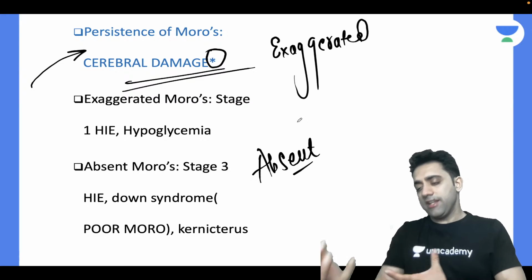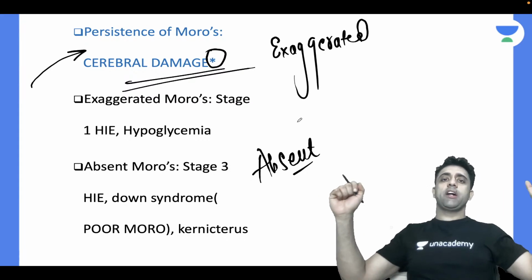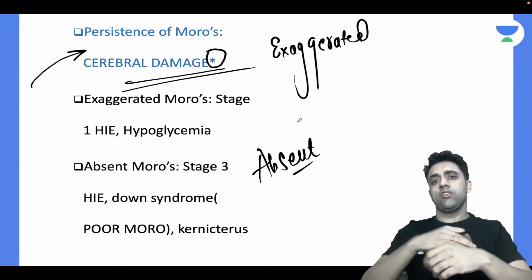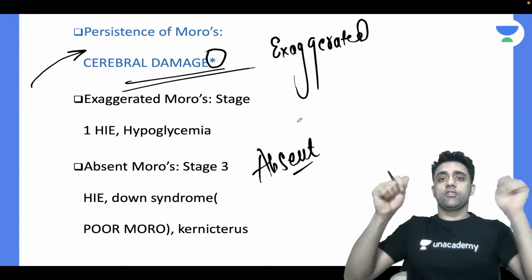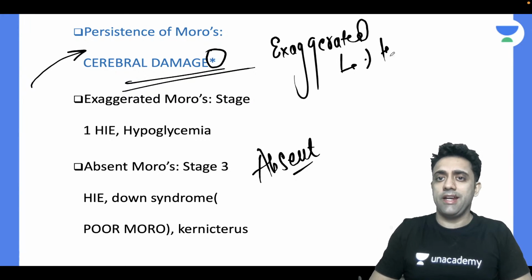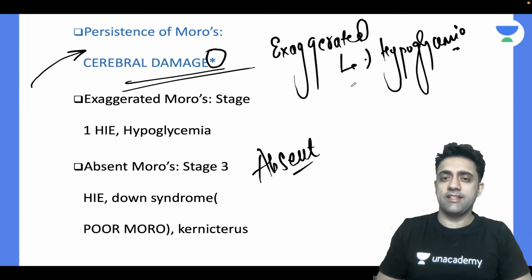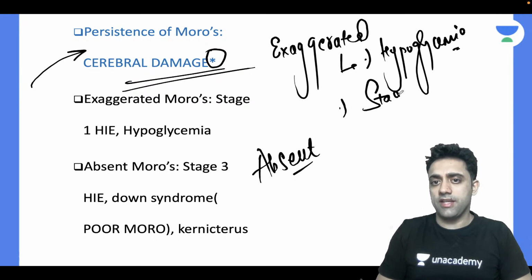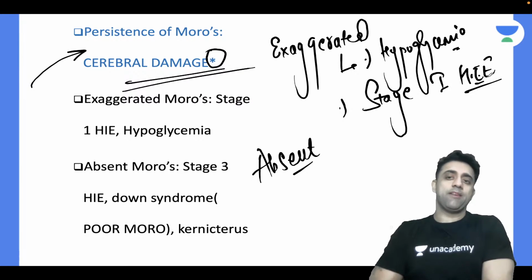Once I suspend the baby's head down, normally the baby does a little bit of abduction, opening of hands, adduction, and the baby cries, but here it is exaggerated. So exaggerated Moro reflex, please remember, is seen in hypoglycemia and also in stage 1 HIE.